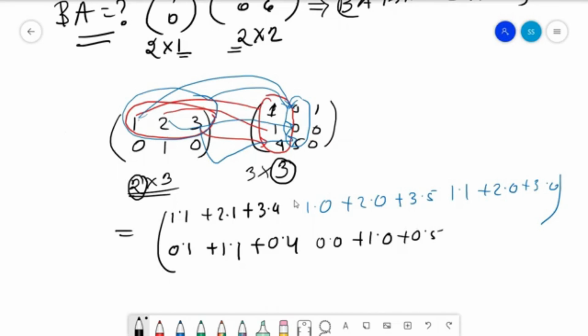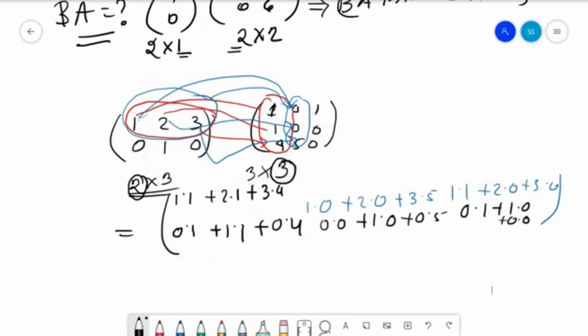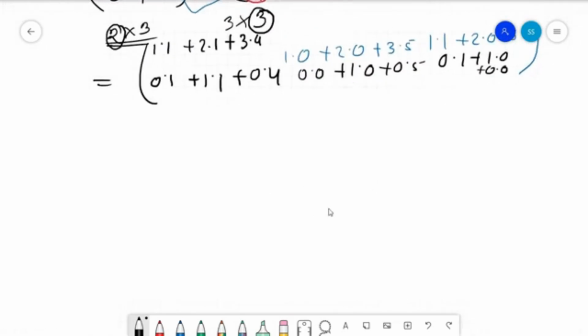And lastly you take the third column and multiply with the row, that is taking this row first and multiplying the elements of this row with the elements of this column. So if you do that, 0.1, 1.0, then plus 0.0, and then you just need to evaluate the numbers over here.